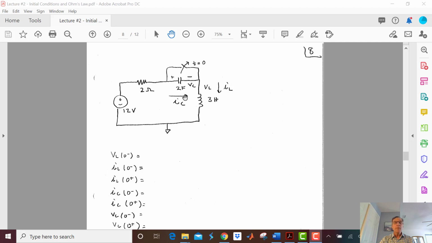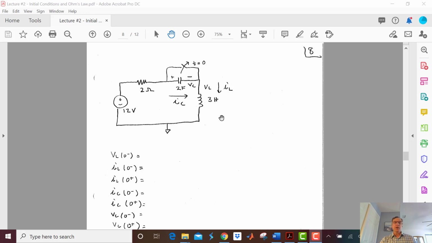So what that means is that I'm still going to have 0 volts here because I'm going to still have my 6 amps. Okay, so I think I get this. So V sub L at 0 minus, we know that's going to be 0 because it's connected to ground and there's no voltage across that inductor at steady state.